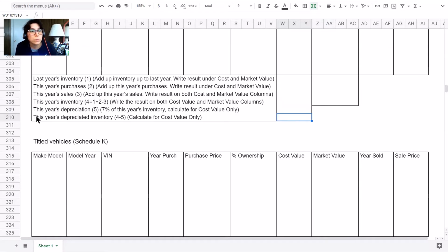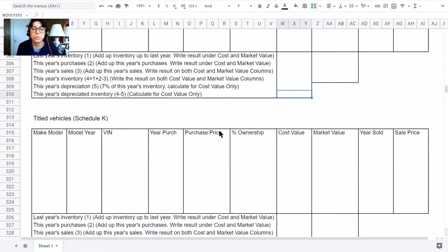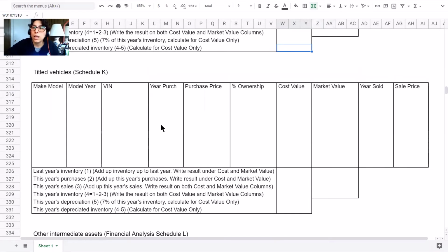So that's going to be this year's depreciated inventory, and we are calculating that for our cost value only. Right, hopefully that made some sense, and we're going to go into what cost value is in a minute. Okay, let's keep going for now.